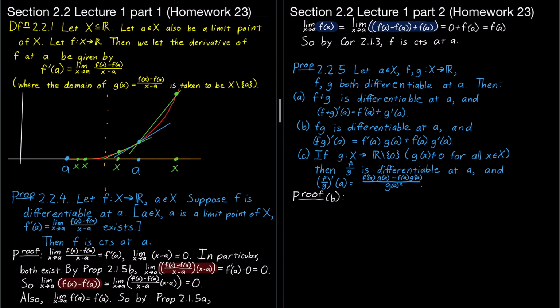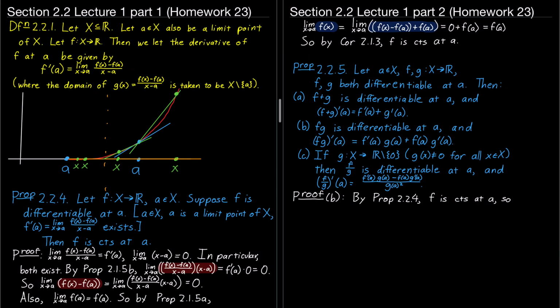So first thing I want to point out is that by proposition 2.2.4, we're assuming that f and g are differentiable at a. We're assuming that f prime and g prime exist. So by proposition 2.2.4, f is continuous at a.